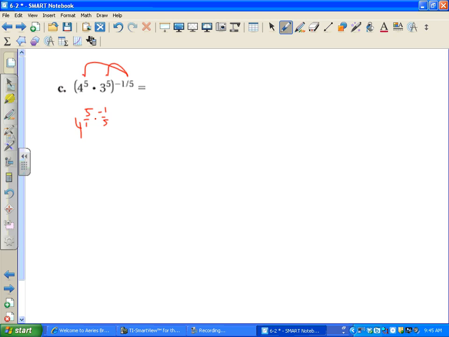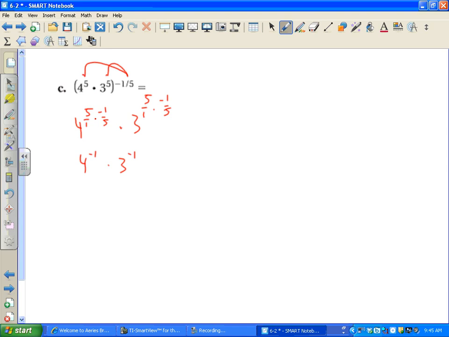That's distributing to the first term. Base stays the same. I multiply the exponents. I'll be multiplying that 3 to the 5 over 1 times the negative 1/5. Again, distributing that all the way in. Hopefully you'll see that these cancel. That'll give me a 4 to the negative 1, 5 over 1 times negative 1/5 times 3 to the negative 1 also.